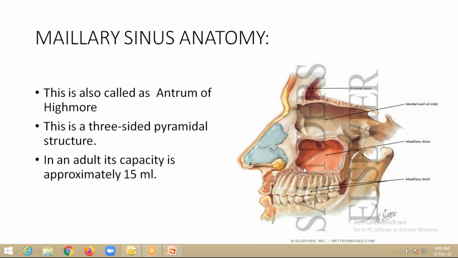Naturally, one question will arise: how will the secretions over here go up there? So it is all due to the coordinated ciliary activity. So the cilia beat towards the natural ostium. Thereby they keep the ostium free from any secretions, and through the ostium the maxillary sinus is ventilated. So in a normal condition, you find air inside the paranasal sinuses.